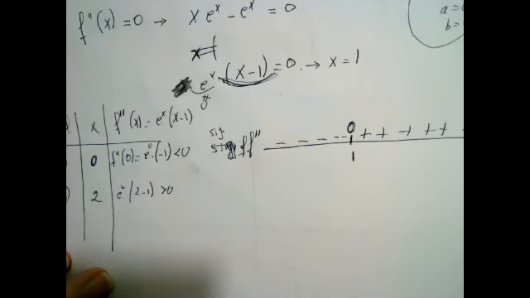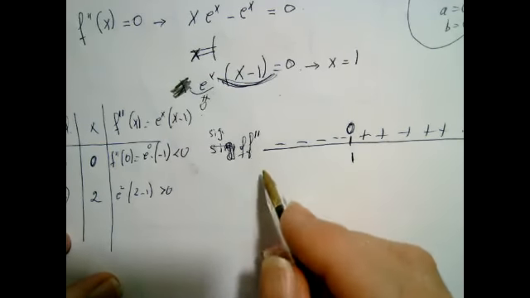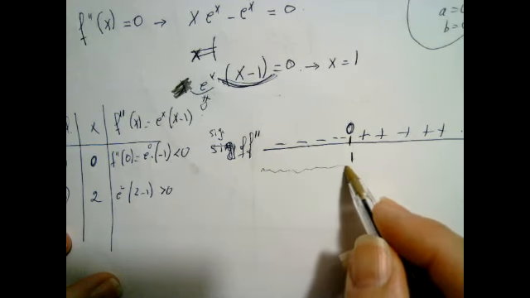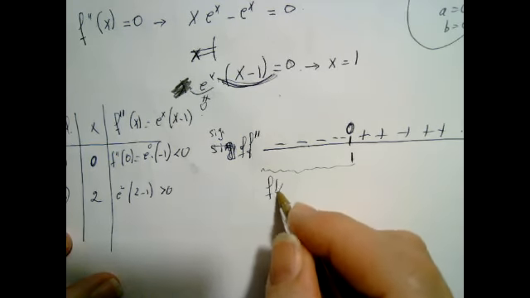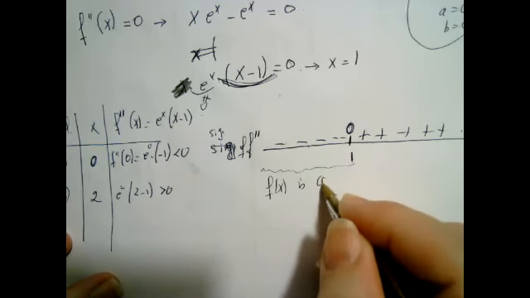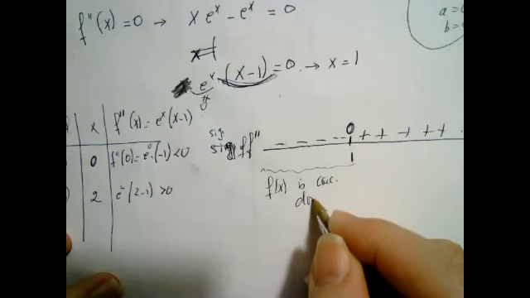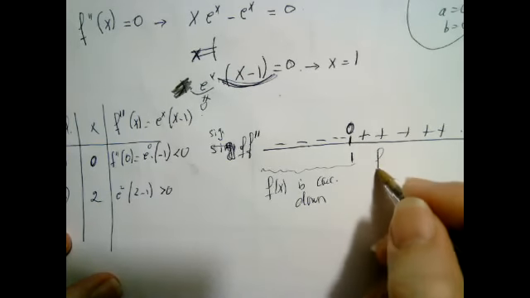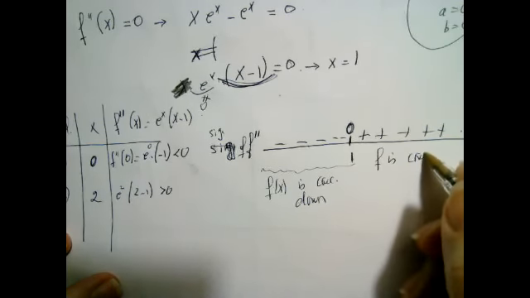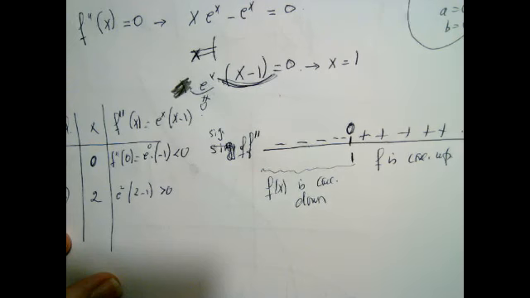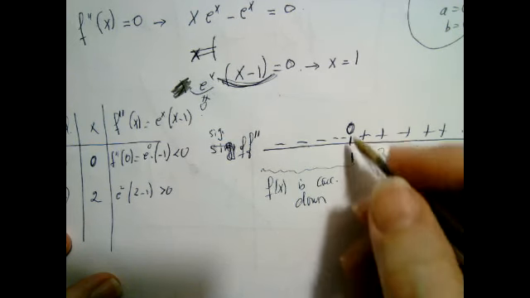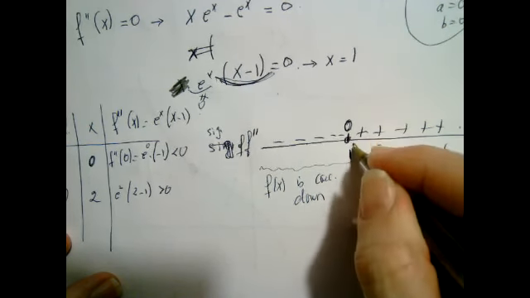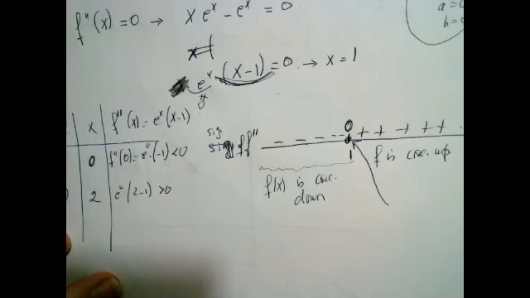So what does this mean? It means up to here, the function f is concave down. Here, f is concave up. And this point right here, that's the inflection point.